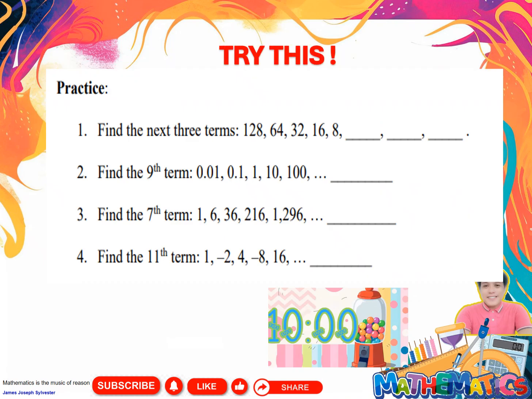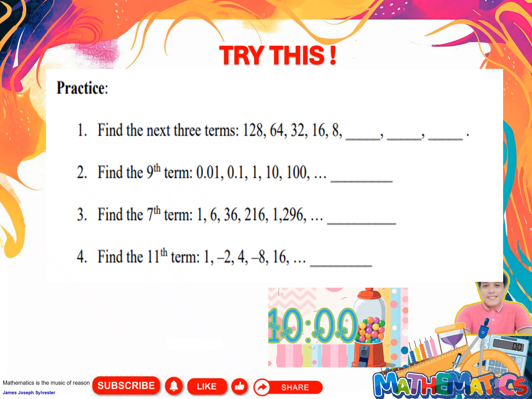For your practice, you may try this within 10 minutes. Number 1, find the next 3 terms of 128, 64, 32, 16, 8, and so on and so forth. Number 2, find the ninth term of 0.01, 0.1, 1, 10, and 100.